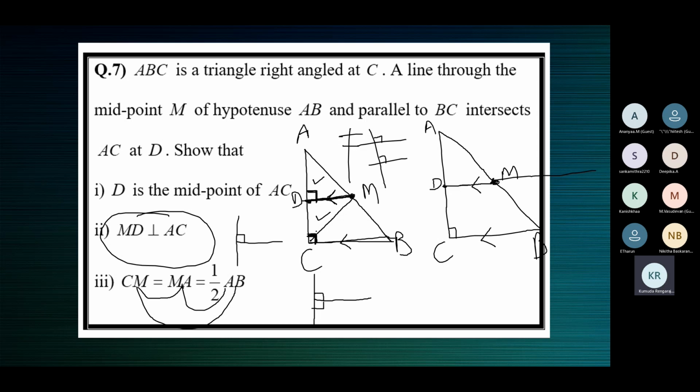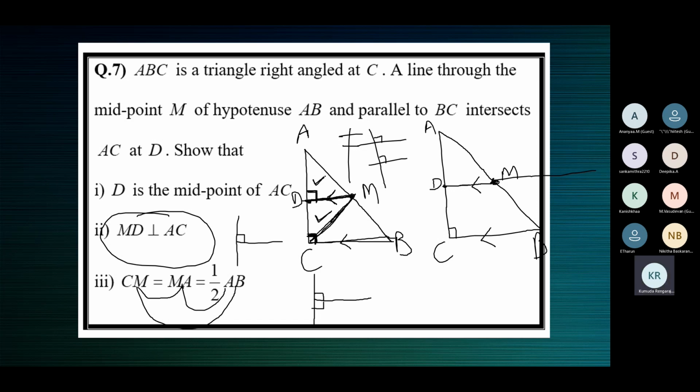We join CM because we don't find the line segment CM, and we have to show that CM is equal to MA. So join CM, construction. Next, CM is of triangle CMD, and MA is of triangle AMD.